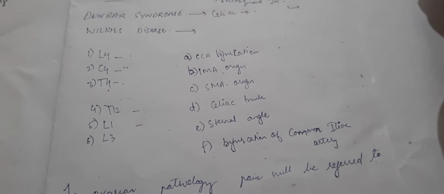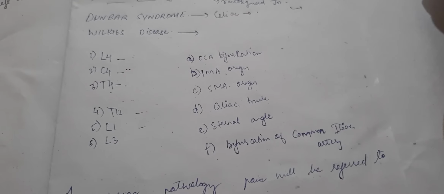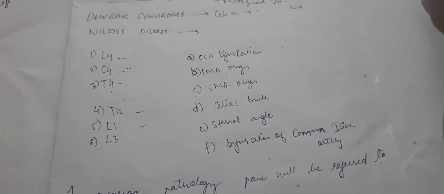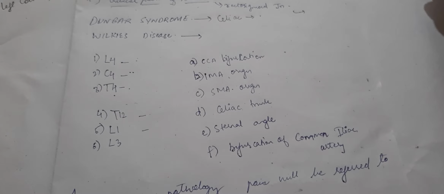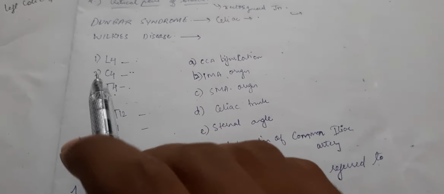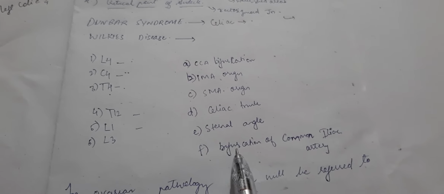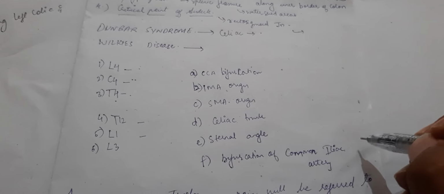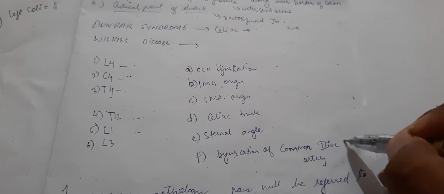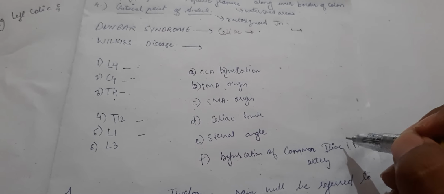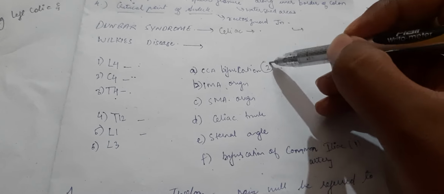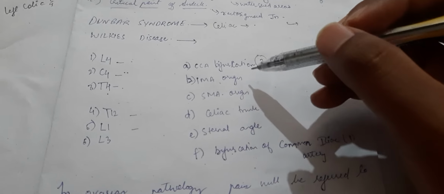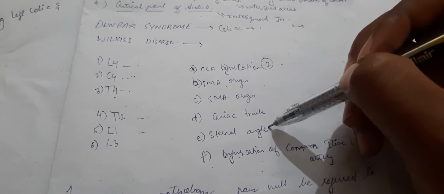So L4 is the bifurcation of the common iliac artery. C4 is the bifurcation of the common carotid artery, and T4 is the sternal angle.